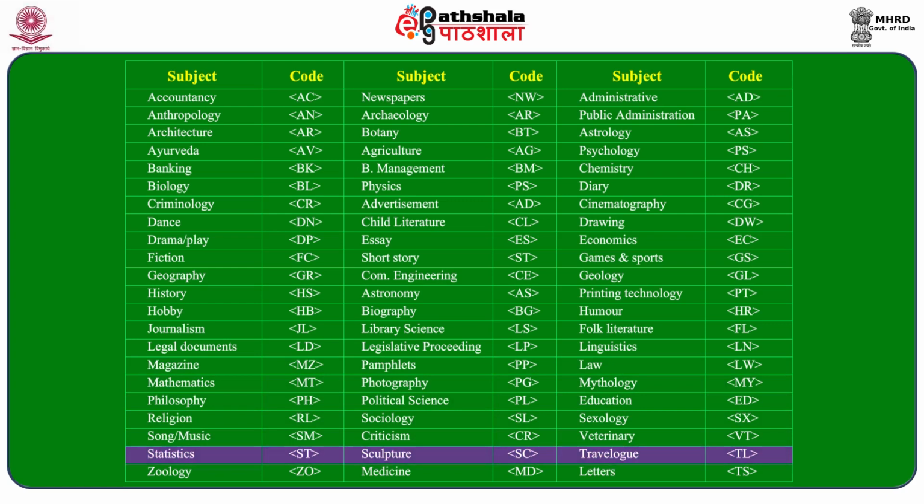You can find around 80 plus different subjects, each with a unique code, so that they can be aligned to the particular kind of text category.